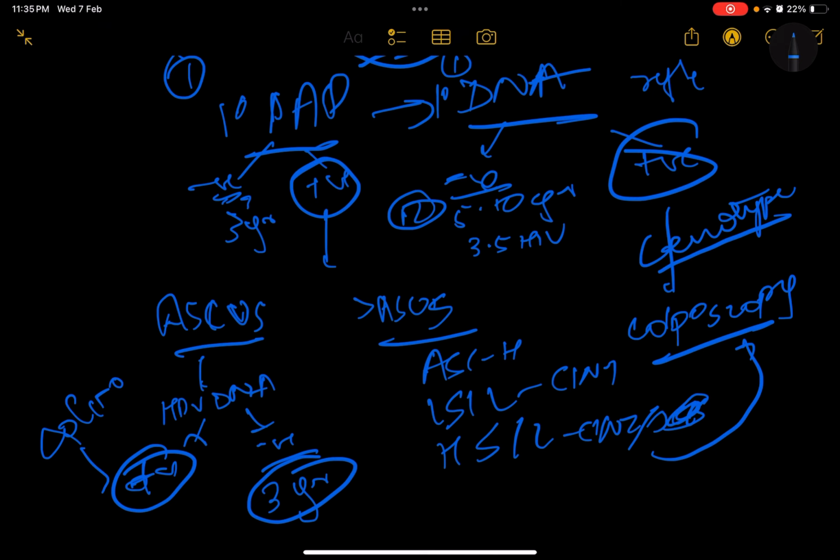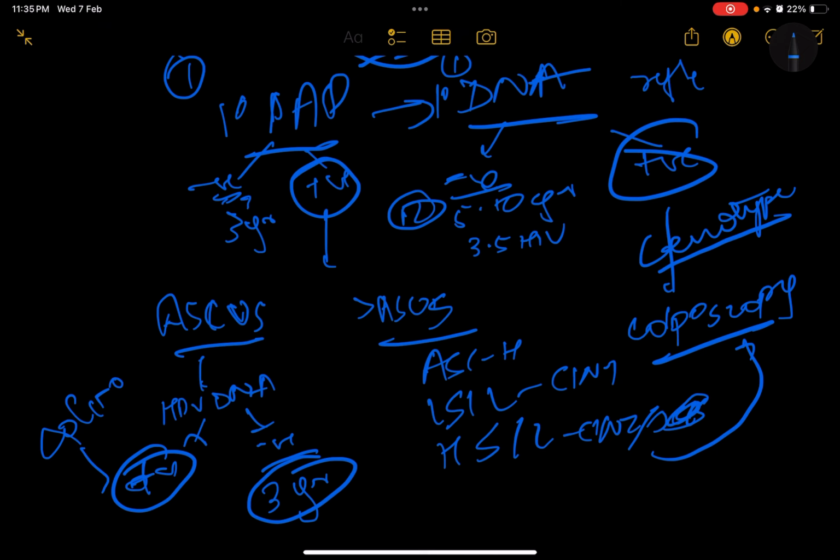Colposcopy is when you're actually visualizing. Again, it's a screening method, not a diagnostic method. Take a biopsy from the rough area, which appears white on acetic acid, as the nuclear proteins coagulate. It has a green filter, so you could see your punctate, mosaic, reticular blood vessels.